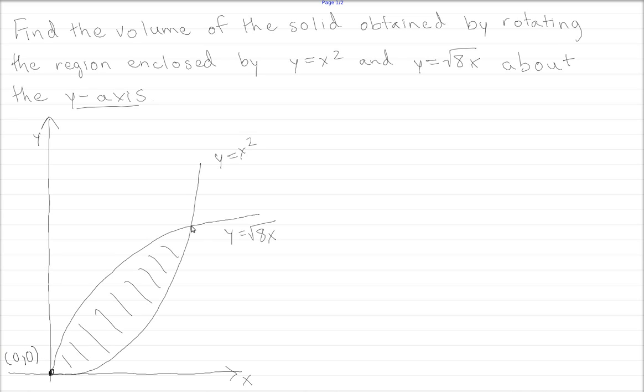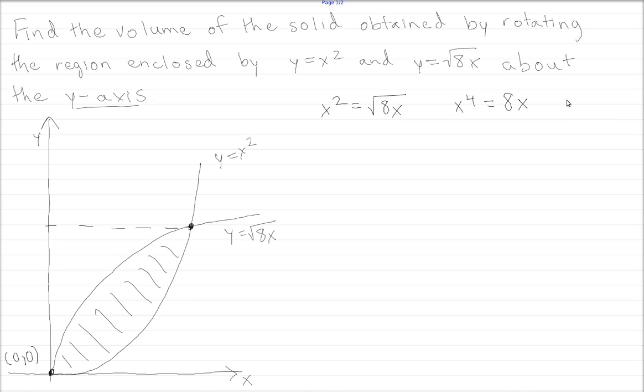And we need to figure out what this intersection point is so that we can find our bounds of integration. So that intersection point is where x squared is equal to the square root of 8x. So first we'll square both sides. So that means x to the fourth is equal to 8x.